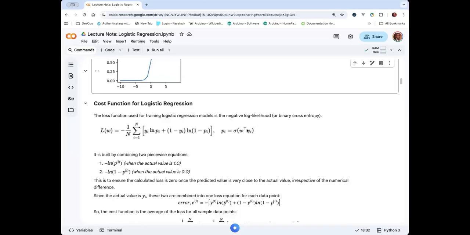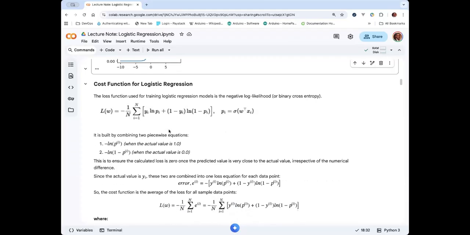But at this point, the cost function is what we call the negative log likelihood function or the binary cross entropy equation. I have explained this already. It just takes the log of the probability.